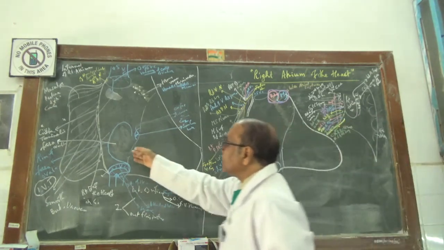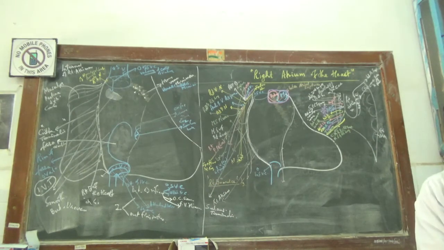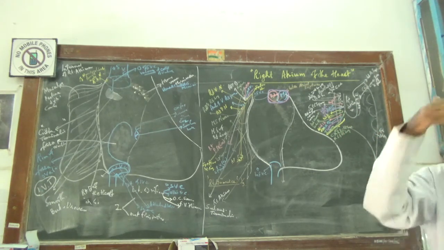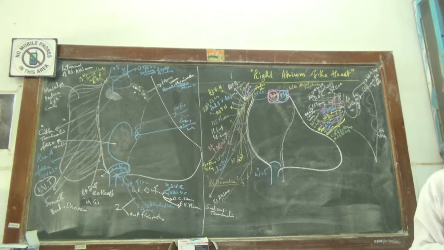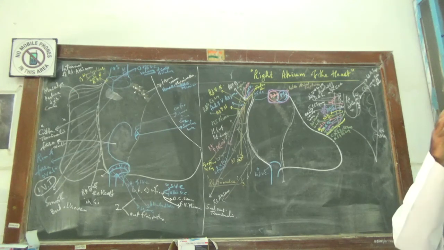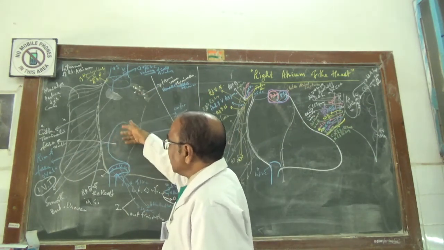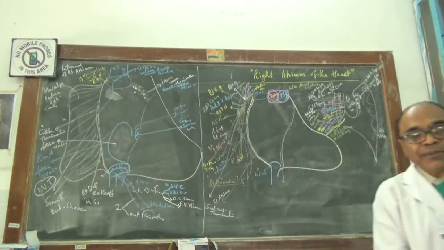Now this fossa ovalis, at the time of development, is membranous. In the fetus it remains as a hole. But slowly, as development occurs, the hole becomes a membrane, and that membrane afterwards becomes a little thicker and becomes the internal aspect of the posterior part of the right atrium, where it is converted into a fossa.